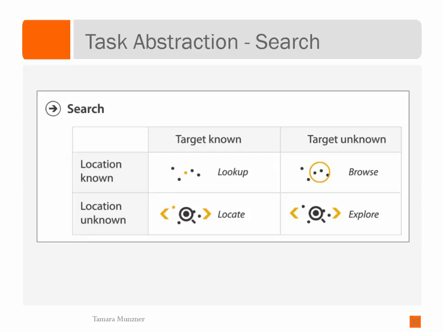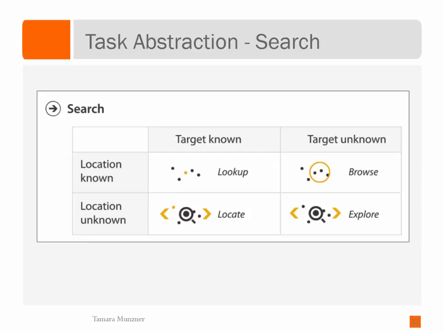Then coming back on search where the location is unknown, but the target is known. So we might have some stepper functionality, or we might just have some navigation functionality where we click on arrows up, down, left, and right, and that takes us through different parts of the visualization.